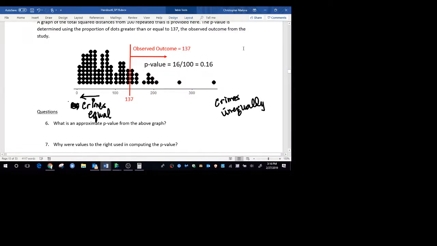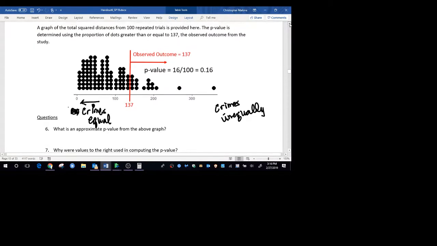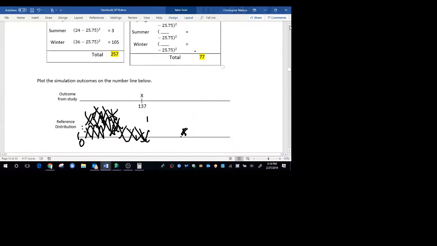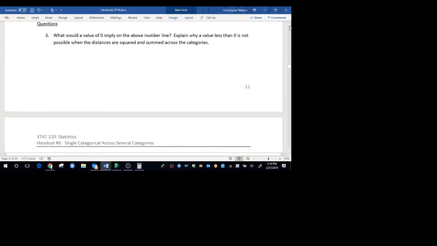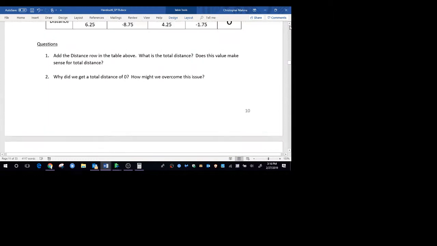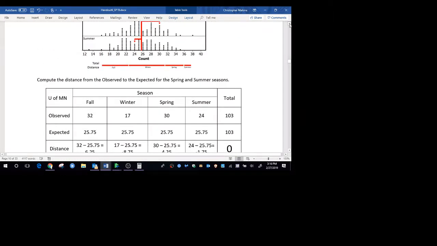If we go back up here and think about what we're trying to do, we're trying to figure out whether or not they are far enough away from their expected. So if we go back to our pyramids, this is indeed a two-sided test, because if some of these were way lower than expected, that would suggest that the crimes are occurring unequally. Or if we're really high, it would suggest that the crimes are occurring unequally. So this is indeed a two-sided test.